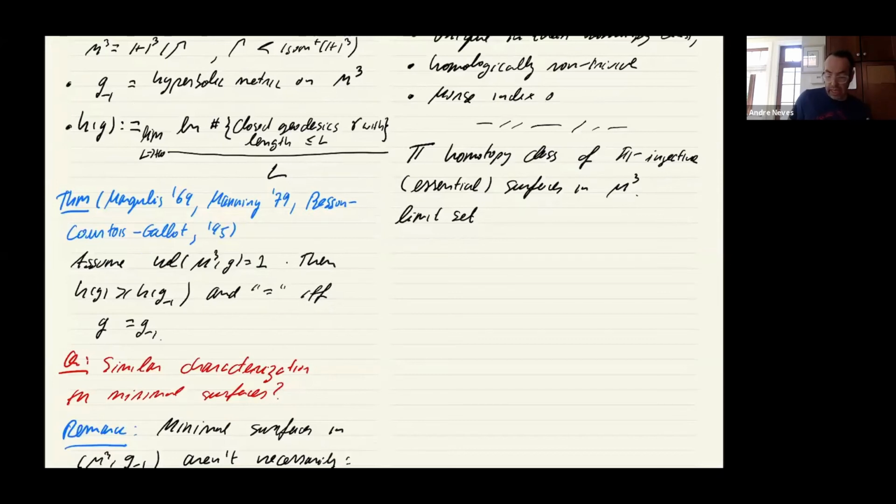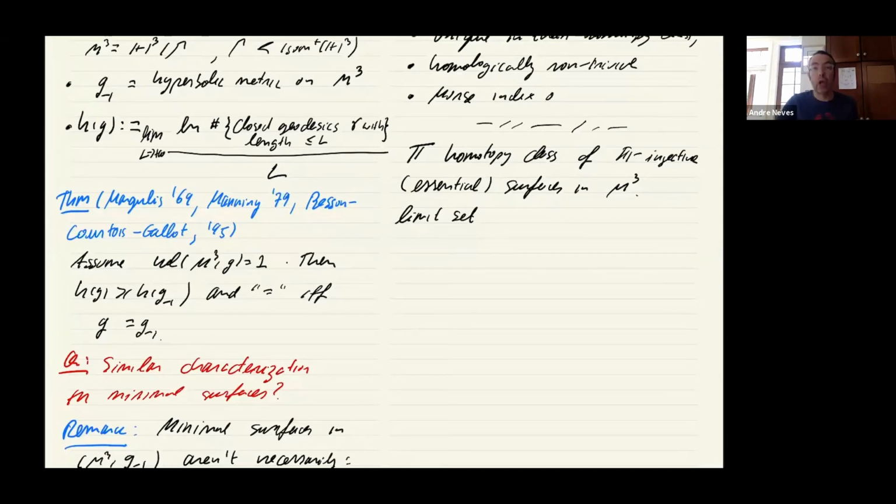Let's just step back two minutes. What I'm going to do in the next five minutes is to identify a class of minimal surfaces which we want to work with.